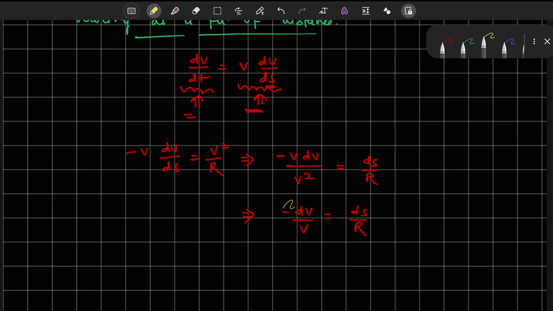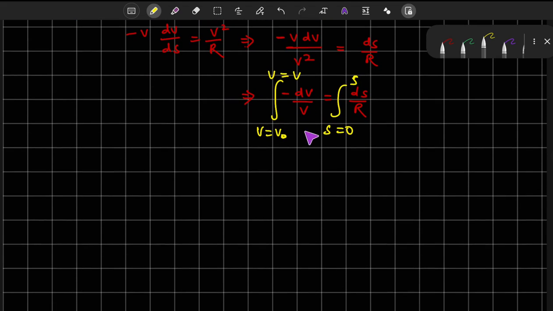Let us integrate both the sides from s is equal to 0 to, let us say, s is equal to s, and initial position is at v is equal to v naught, and the final velocity, let us say, v. Okay. So the integration of 1 upon v into dv is given as ln v. So from here we will get minus ln v is equal to s upon r.